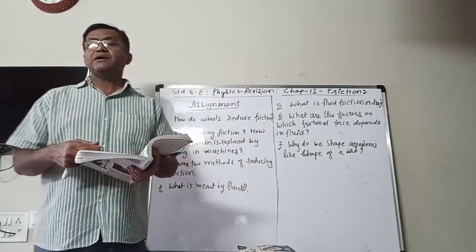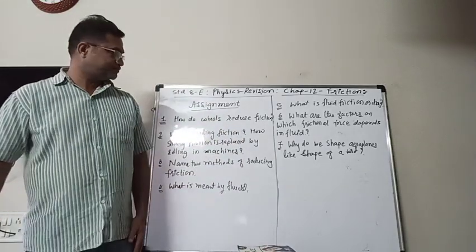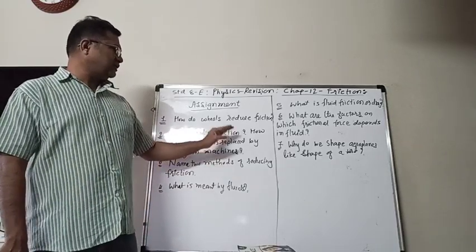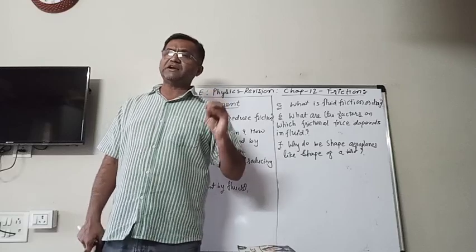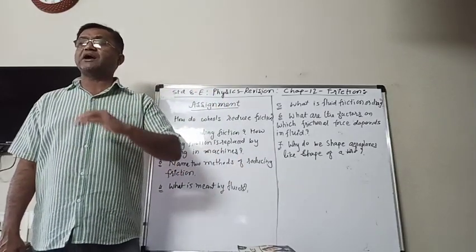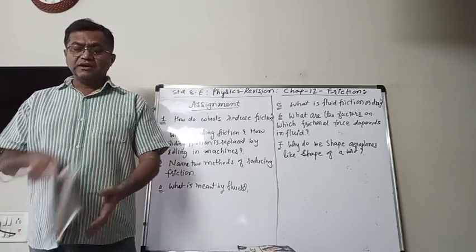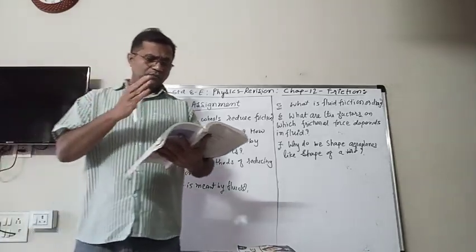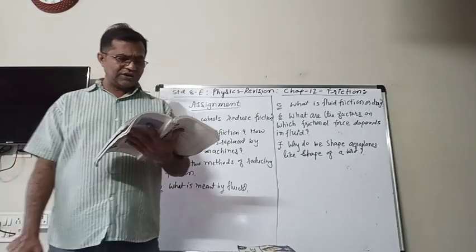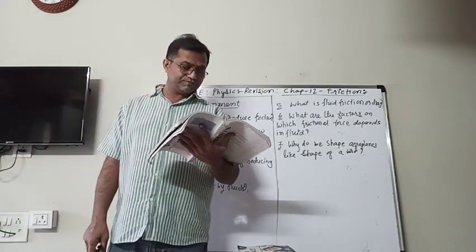So rolling can reduce friction. As I explained, when one body is rolling over the other, the resistance to its motion is called rolling friction.